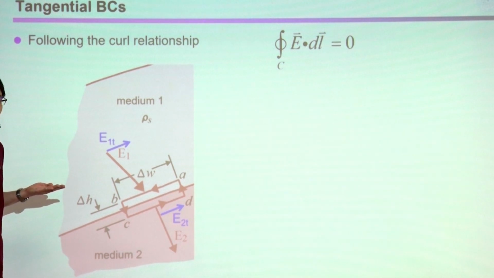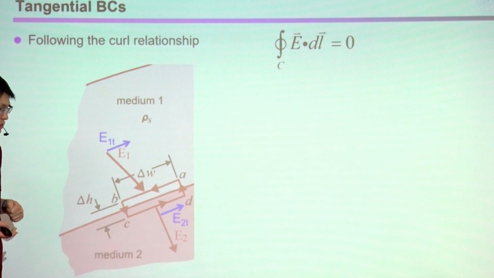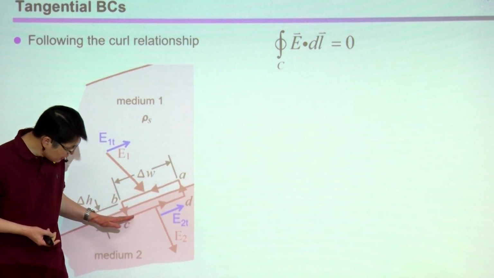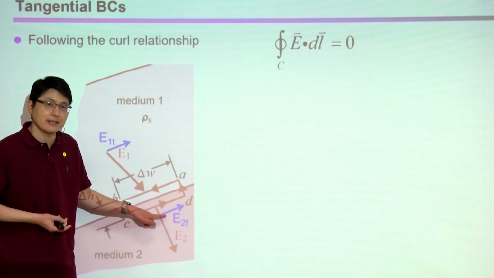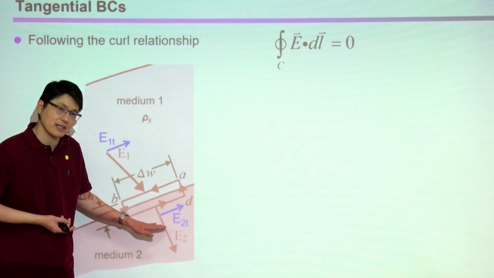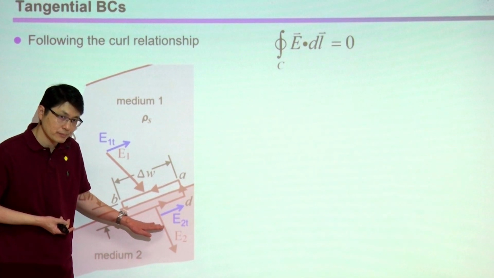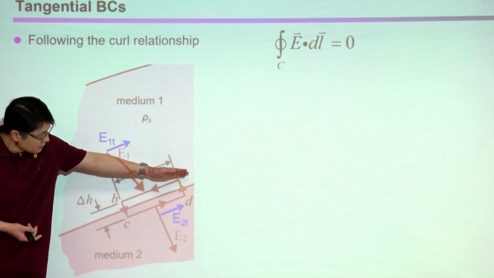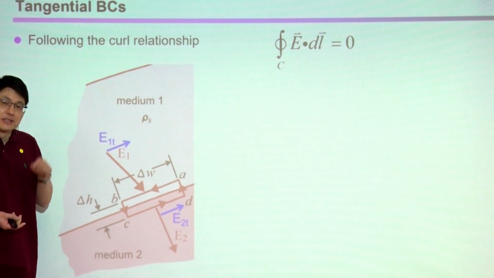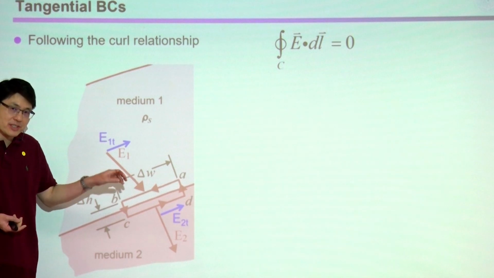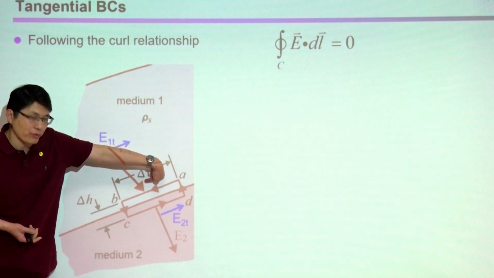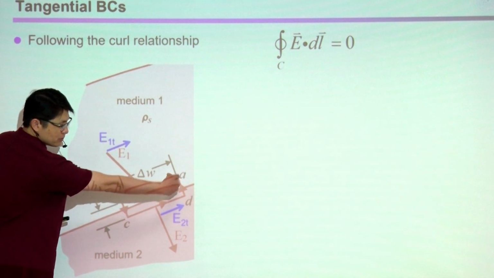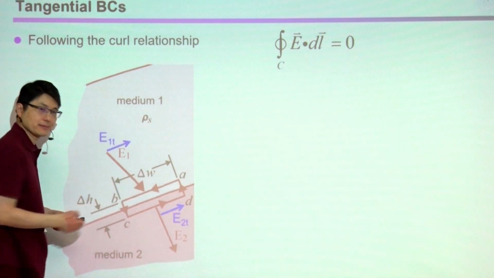So I only have to evaluate 2 line integrations. The first one is segment CD. It is in the direction of my tangential field inside medium number 2. But when I'm trying to evaluate the top segment, the differential length inside the closed loop is now having a reversed direction. Segment AB is now pointing from the right to the left.